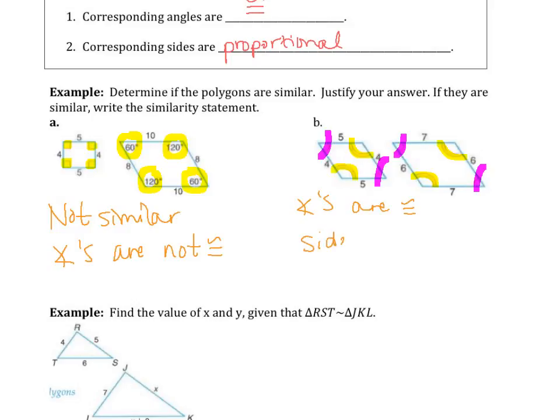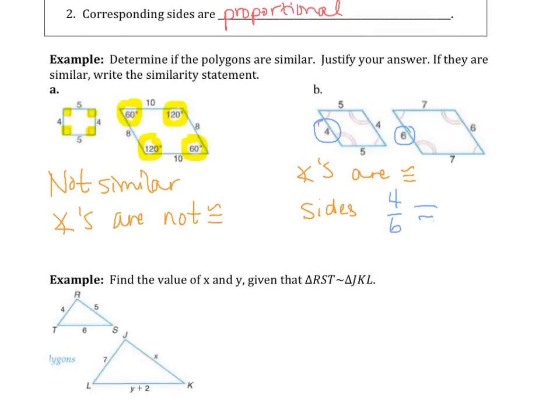So now I'm going to look for my corresponding sides. I'm going to look at the 4 corresponds to the 6. So I'm going to set up my proportion of 4 over 6. And I'm going to see if that's equal to the proportion of the other sides then. My other sides being that 5 and 7.